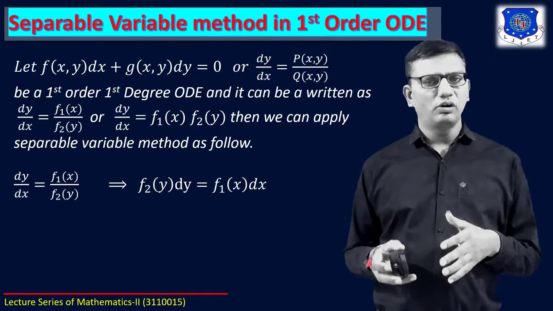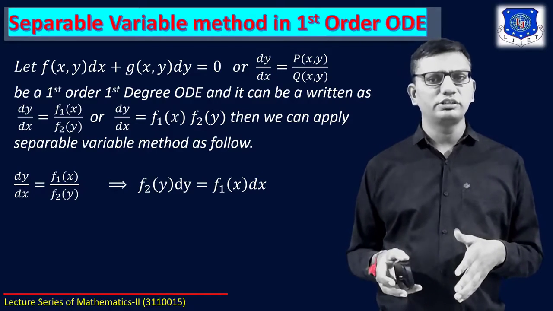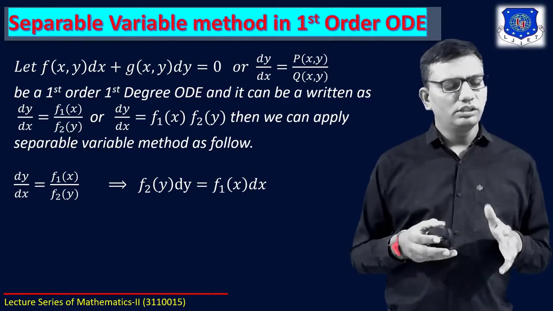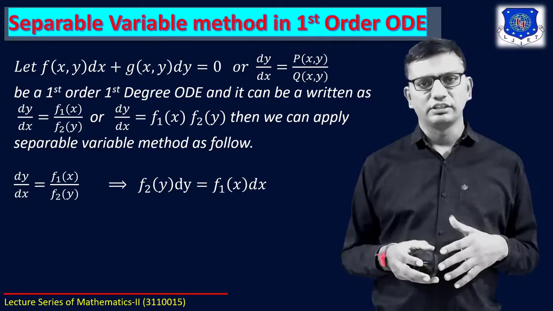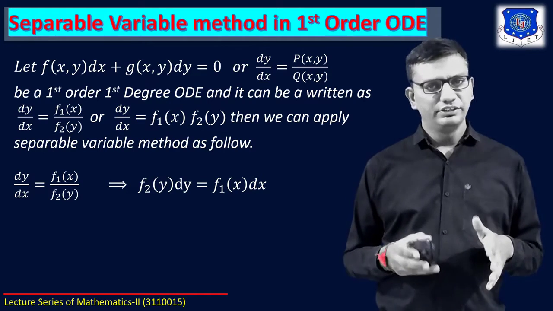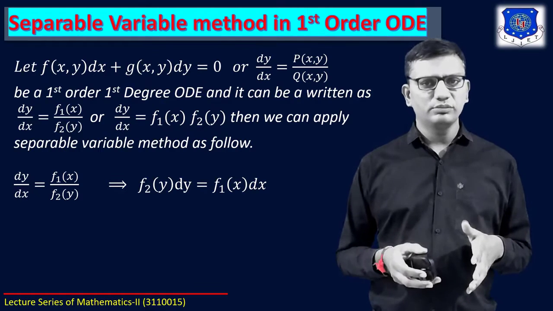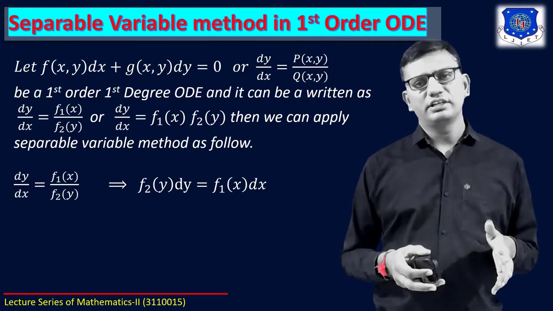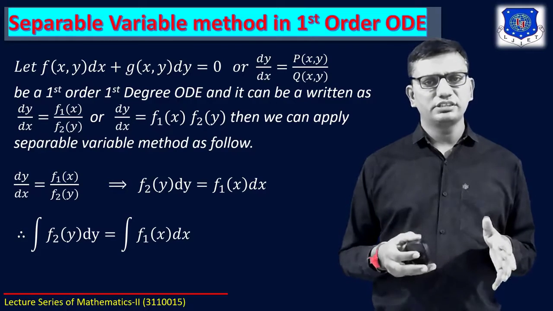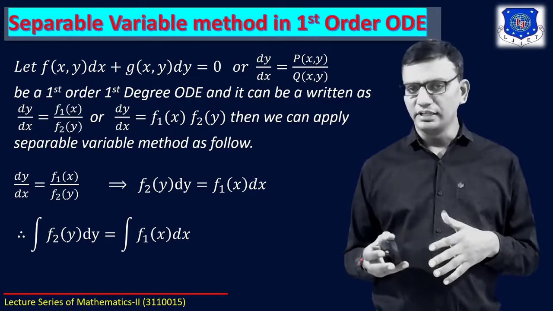Here we are taking all the functions of y on the left hand side and all terms of x on the right hand side. That means we are separating the variables here. Now we are taking the integration on both sides, with respect to y on the left hand side and with respect to x on the right hand side.